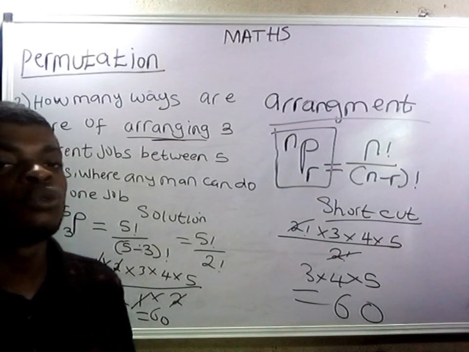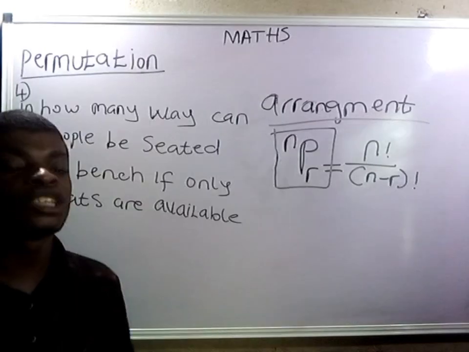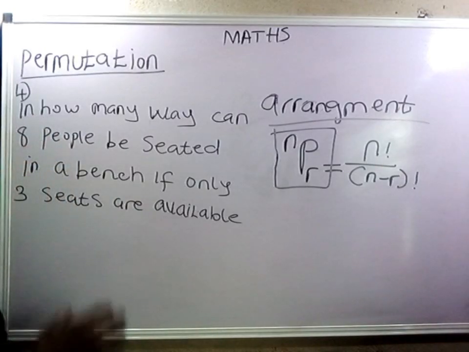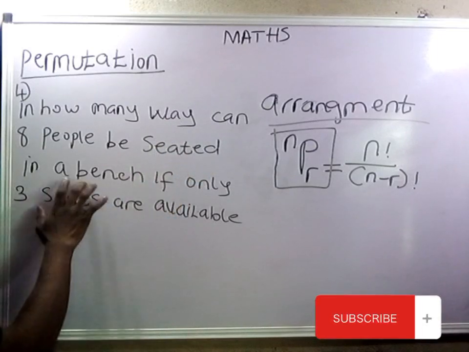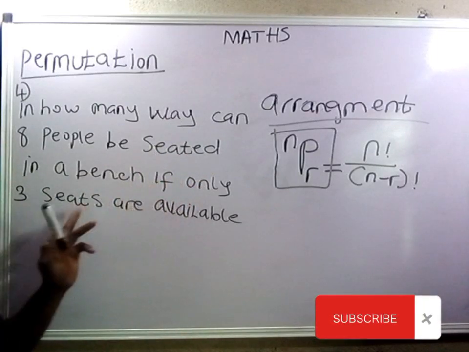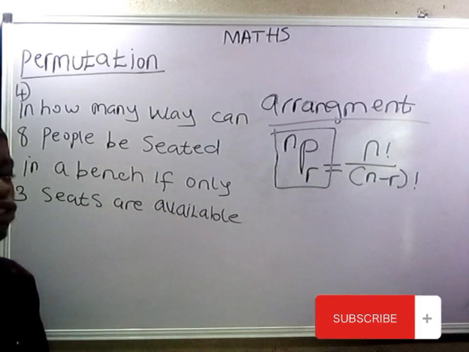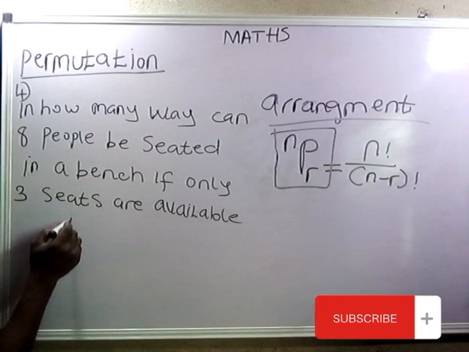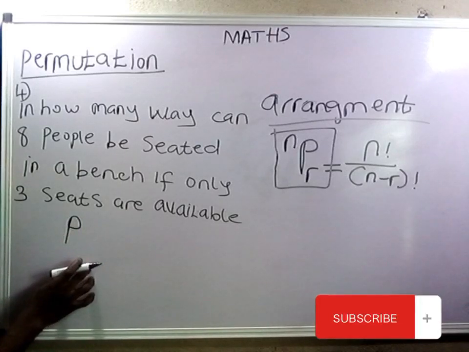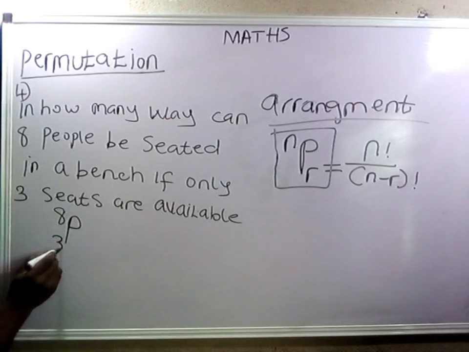So let's take the next question, which is the last question, question 4 on this video lesson. In how many ways can 8 people be seated on a bench if only 3 seats are available? So this is another permutation. To represent this in permutation form, it will be P raised to power 8 base 3.